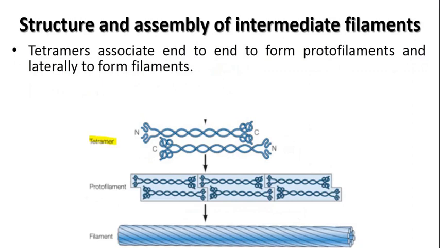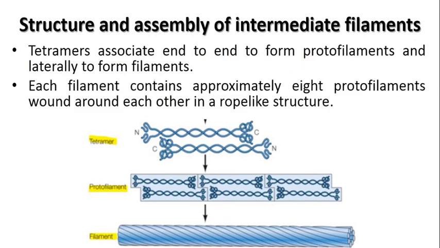That is, tetramers join to form a protofilament, and protofilaments twine around to form a filament. Each filament contains approximately 8 protofilaments wound around each other in a rope-like structure. It's like a coir or a rope-like structure that is formed.